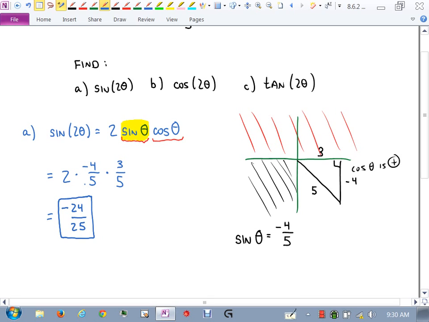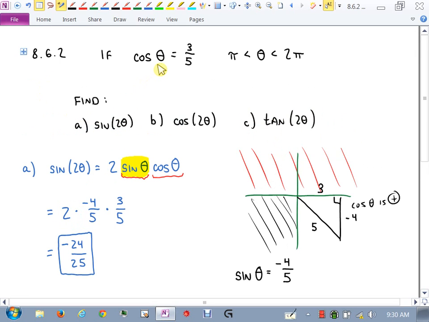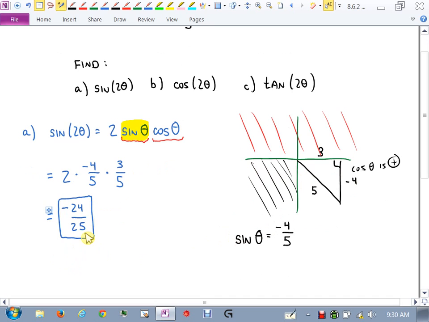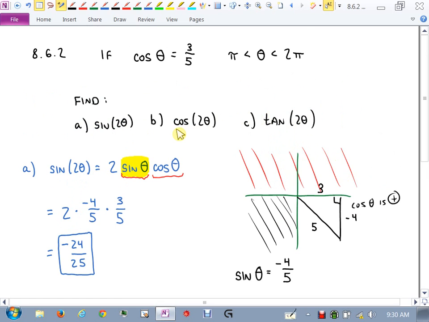The original angle theta we know was in the fourth quadrant. But if you double that angle, whatever double that angle is, it's landing somewhere in the third or fourth quadrant. I don't know yet. I'll find out in just a minute as I find the rest of the trig functions.